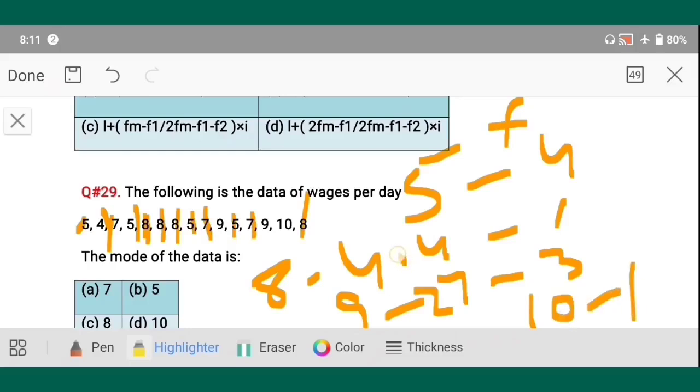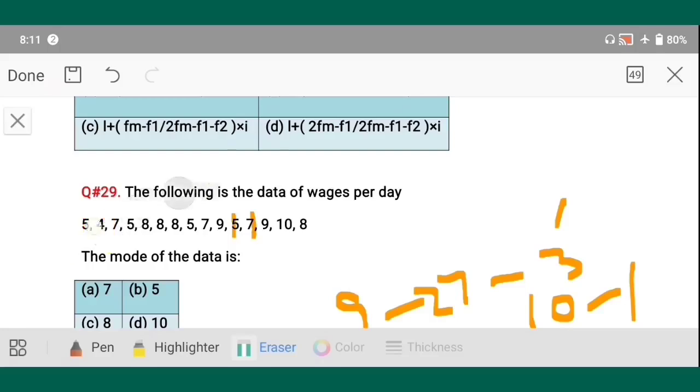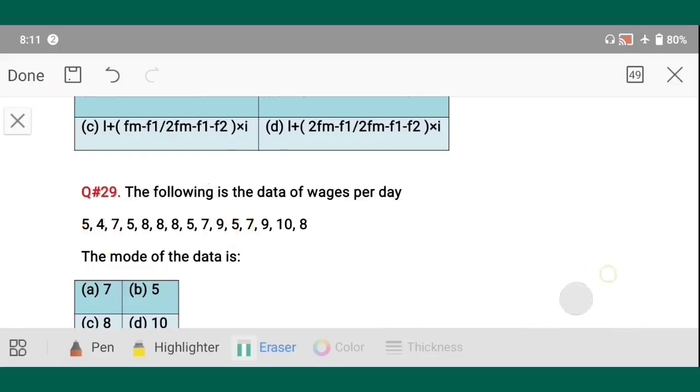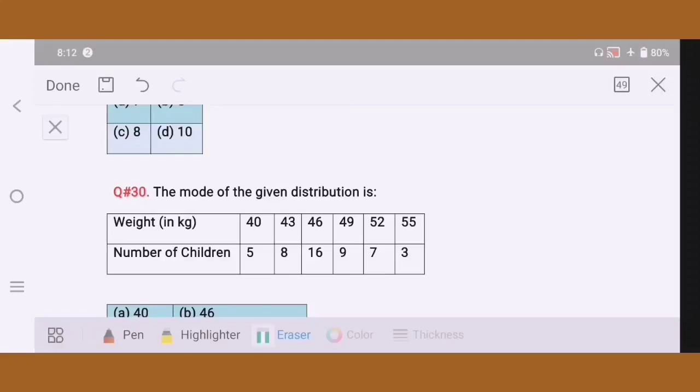So clearly 8 is the most frequent value in the data. So our correct option is this one.